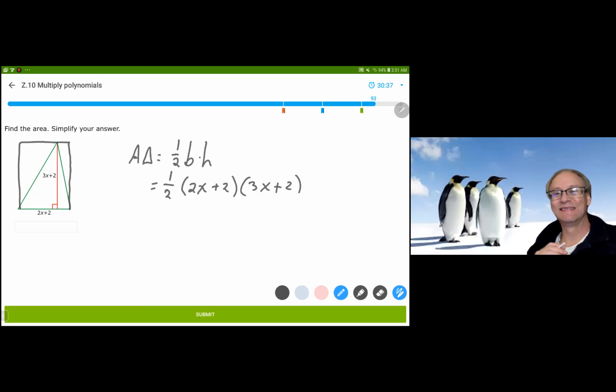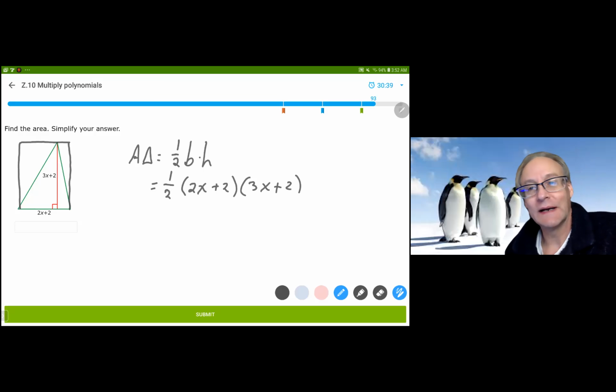Now, this is where you want to think ahead a little bit. I could multiply these all out and get a trinomial and then distribute the 1/2 to all the terms. But what I could do to make it easier, if I can just be a little bit more thoughtful, is to multiply the 1/2 times the 2x plus 2.